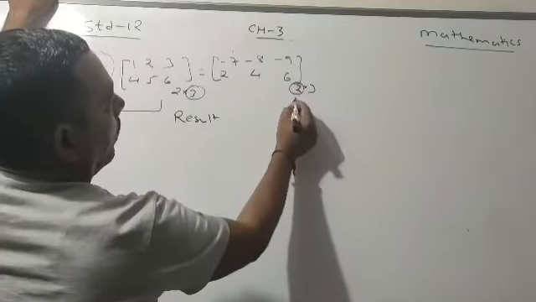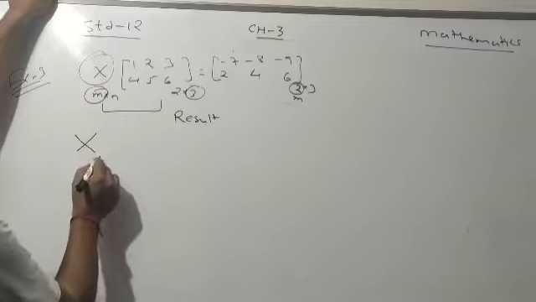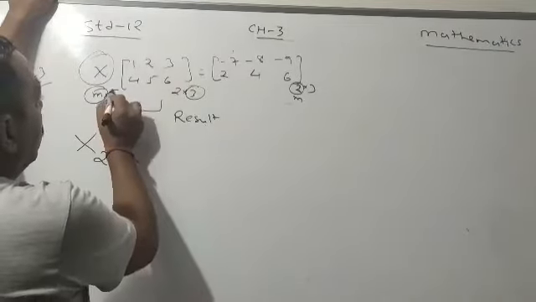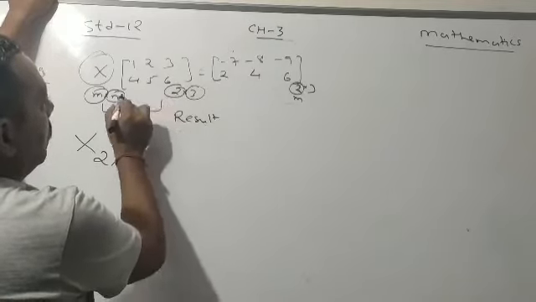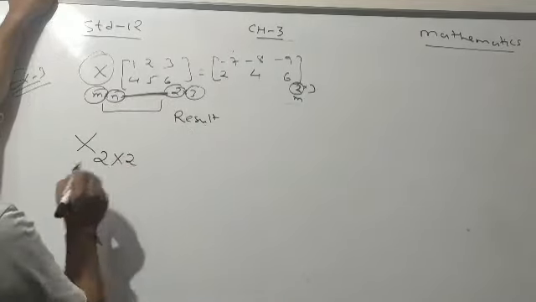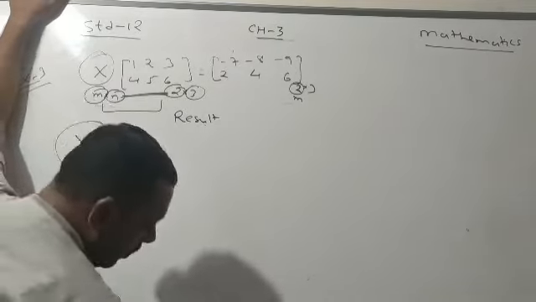So what about m? 2. So X has order 2 by, that by I will decide. When multiplication is possible, when these both are equal, so the value of n is 2. So my matrix X is nothing but a 2 by 2 matrix.